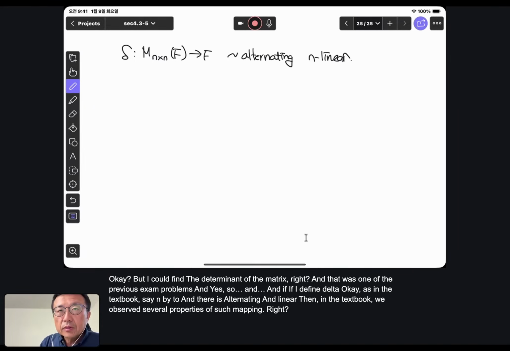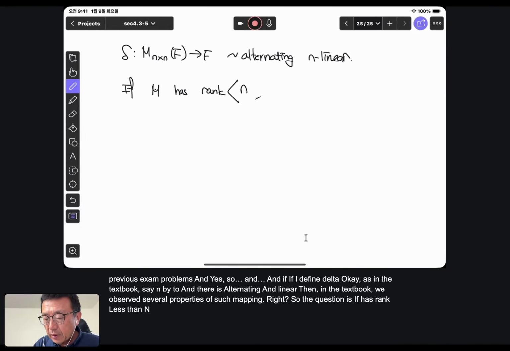So the question is, if M has rank less than n, then how can you show that the delta of M is 0?